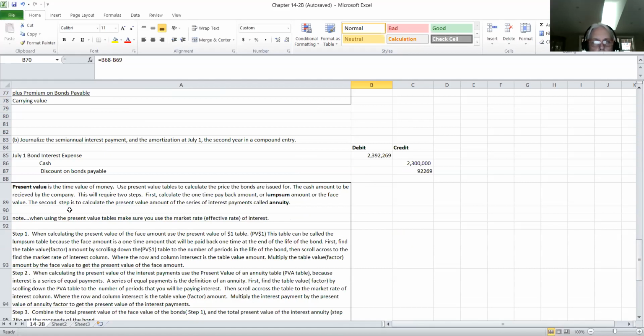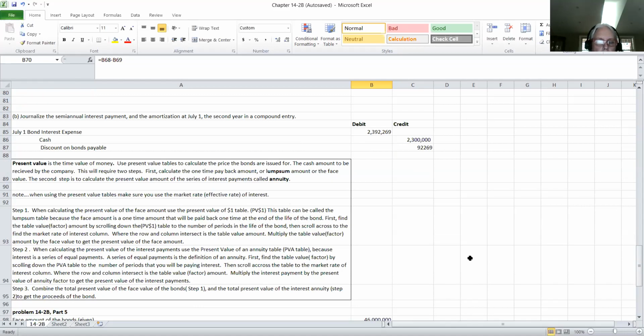It didn't make much sense to me because they'd given you the amount of cash, but they just want to make sure that you know how to calculate that. If you were in the real world, you would know how to calculate the cash proceeds of a bond issue.